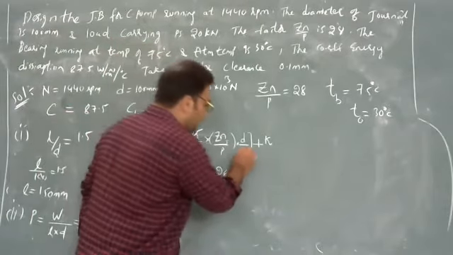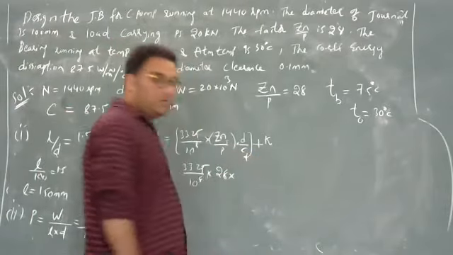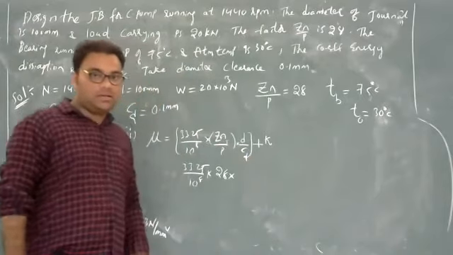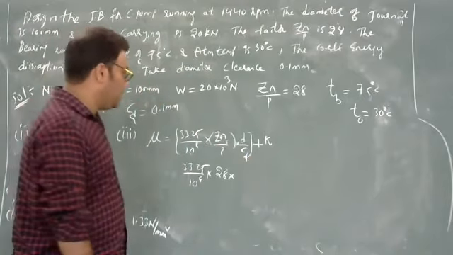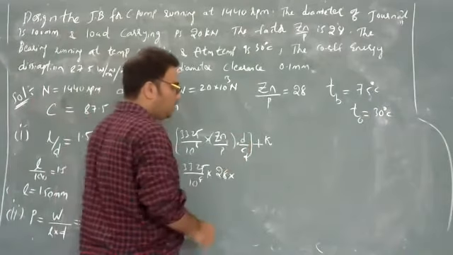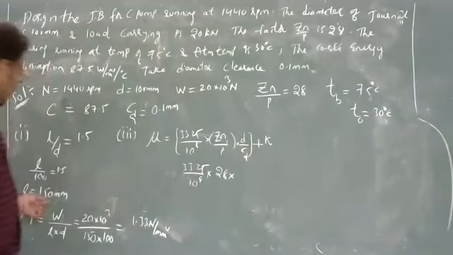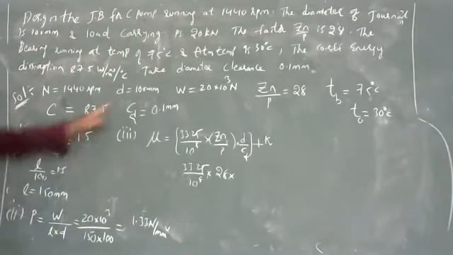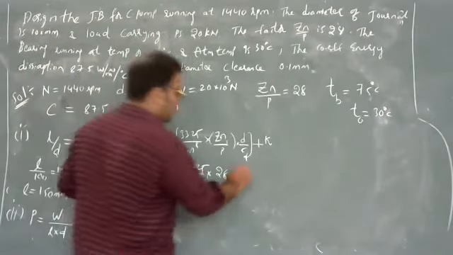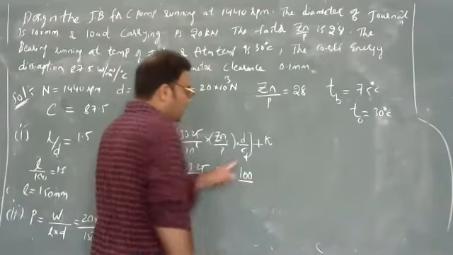The diameter clearance is given. Earlier we were discussing C by D. The diameter of the shaft is D equal to 100 mm, so I am writing 100. Now what is the diameter clearance?